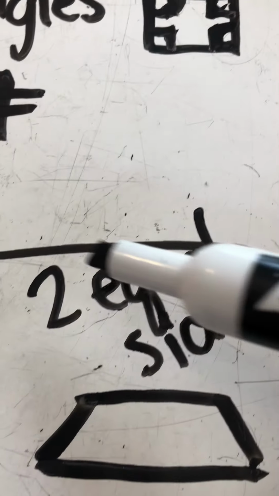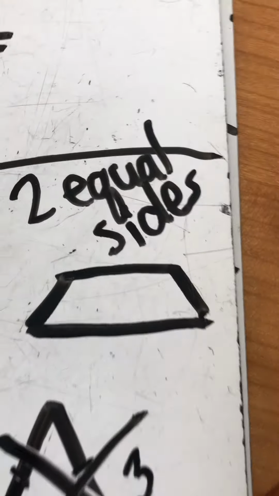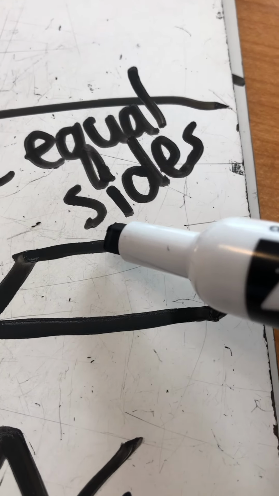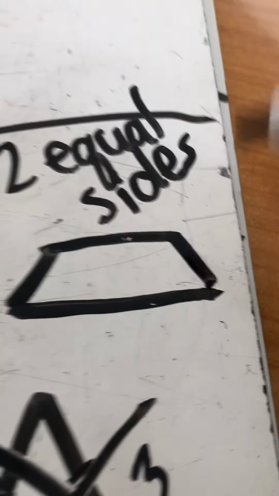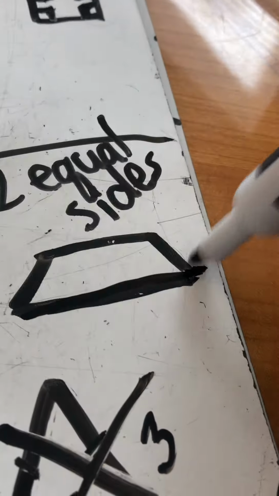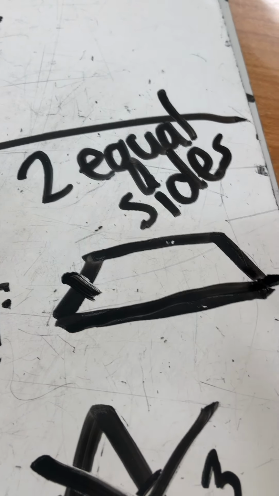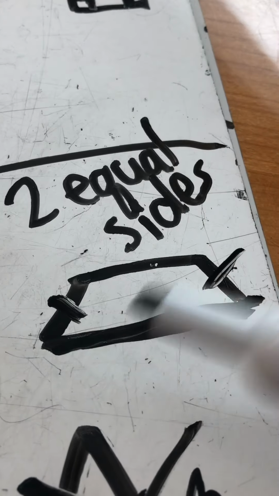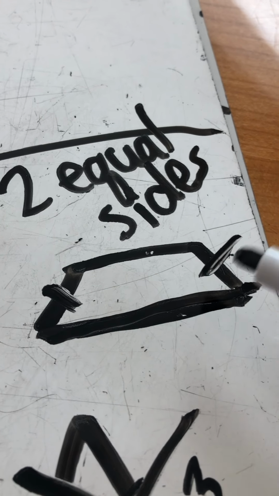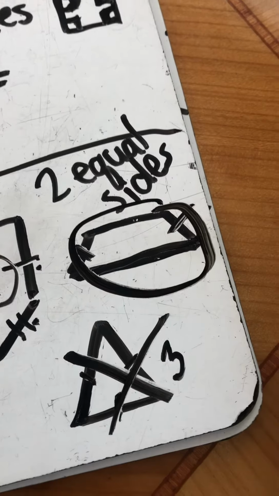We're looking only for 2 equal sides. So let's look here. This is definitely not equal to this. This bottom line is way longer. But let's look at the sides. This side is the same length as this side. We have 1, 2 equal sides. We found ourselves a winner.